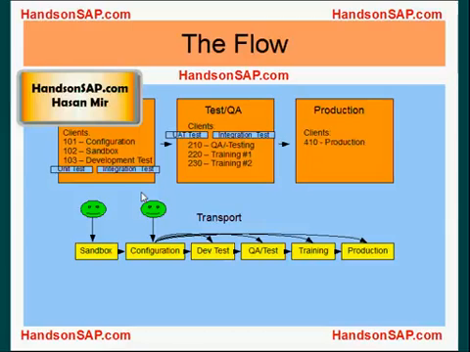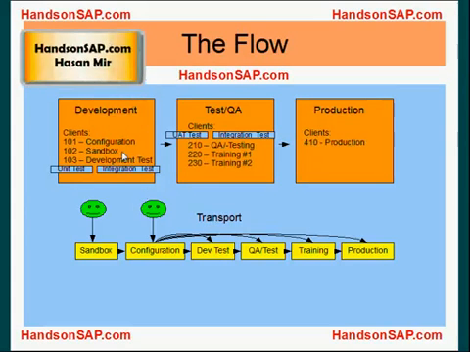This is the sum and substance of this tutorial. You start with the sandbox, where you play and do some experiments. Finally you do your test configuration in the configuration client. This configuration is moved over to the dev test client, where you do your own testing, and if you're happy, you copy the configuration from the configuration client over to the QA client, and you do your QA testing here.